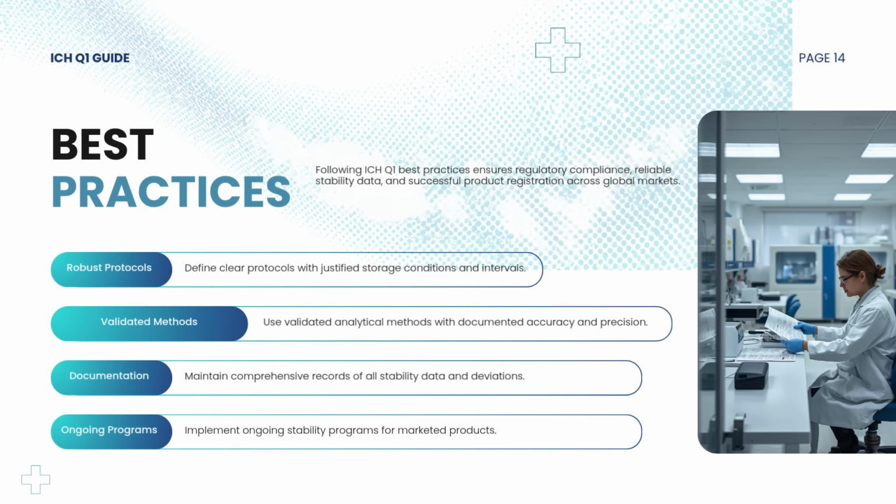Lastly, make sure to use validated analytical methods. These methods should have documented accuracy and precision to ensure the reliability of your data. By adhering to these best practices, you are setting your product up for a smoother journey through regulatory submissions and approvals, paving the way for market success.